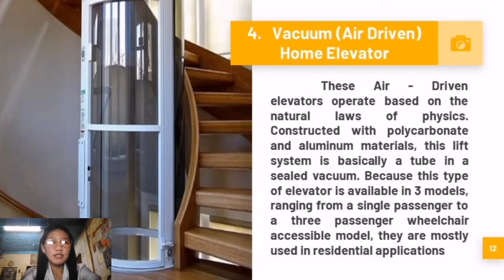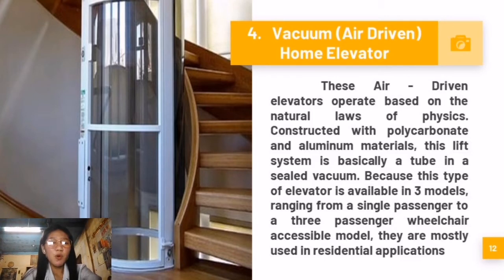It was constructed with polycarbonate and aluminum materials. This lift system is basically a tube in a sealed vacuum. This type of elevator is available in three models, ranging from a single passenger to a three-passenger wheelchair accessible model. They are mostly used in residential applications.